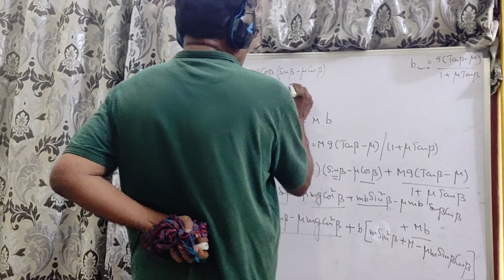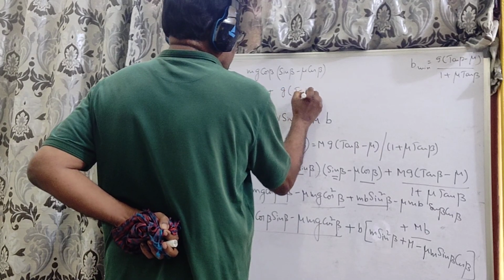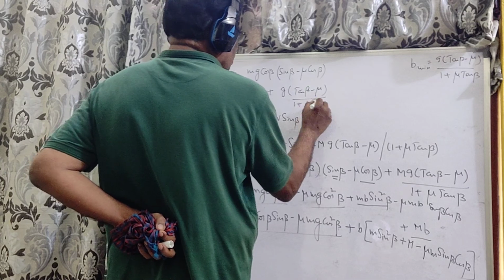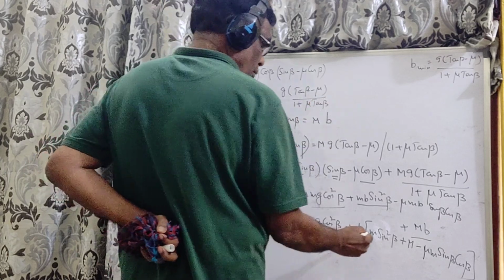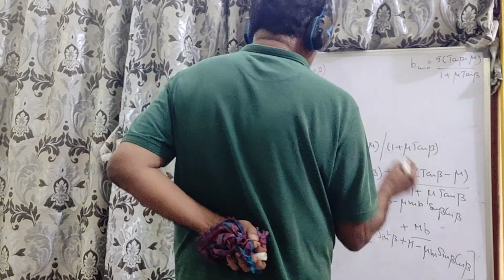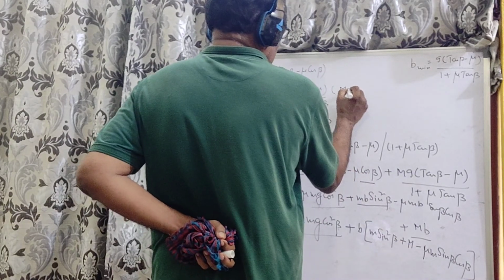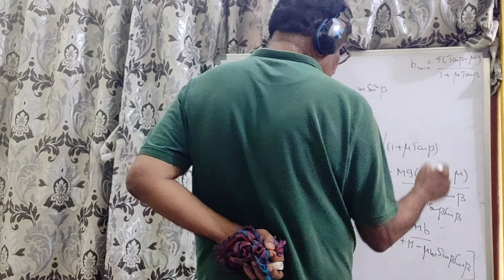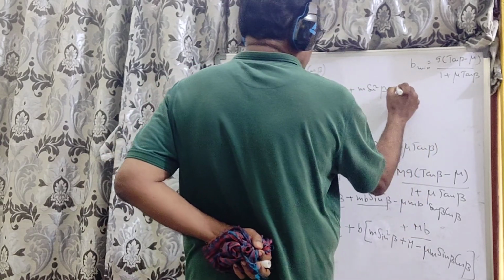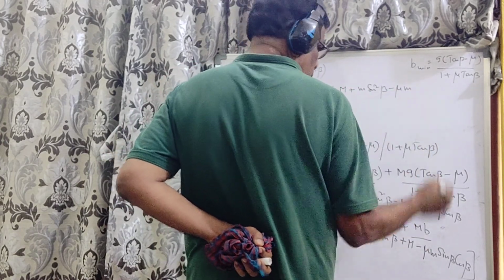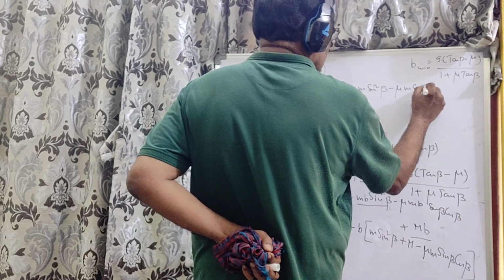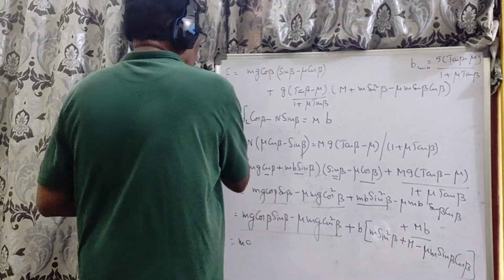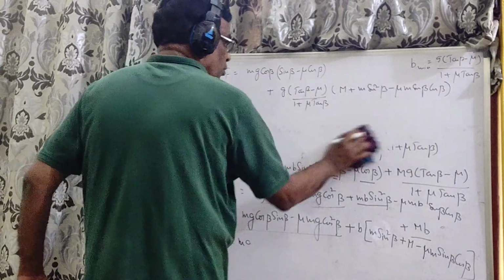G into the whole thing, m plus m sin square beta minus mu m sin beta cos beta. This is the F minimum value.